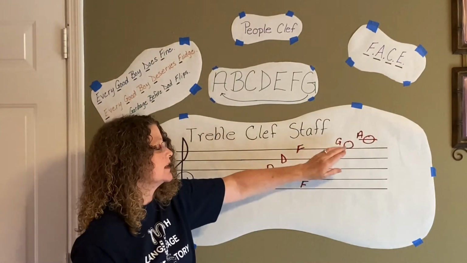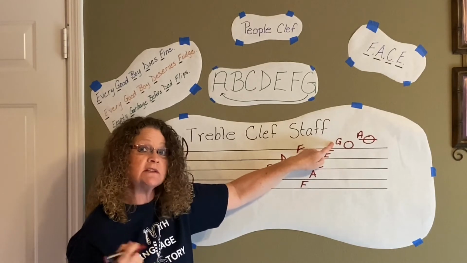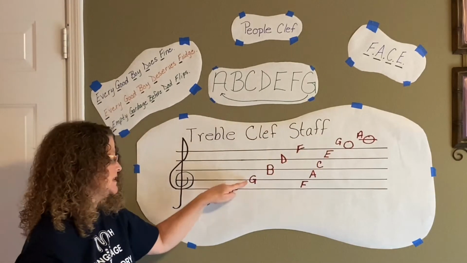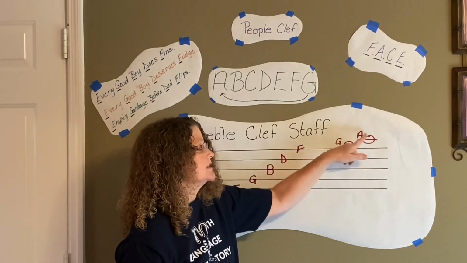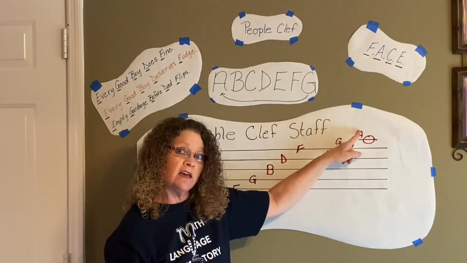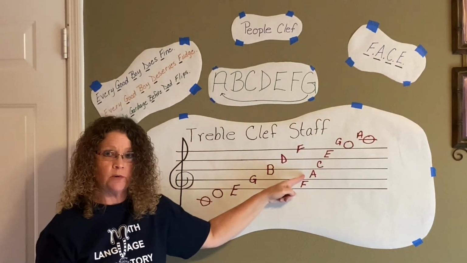The space above the staff, 1 step above the staff, is a G. That would be considered high G, whereas this is low G. 2 steps, space, then line above the staff is A. That would be considered high A, whereas this is low A.